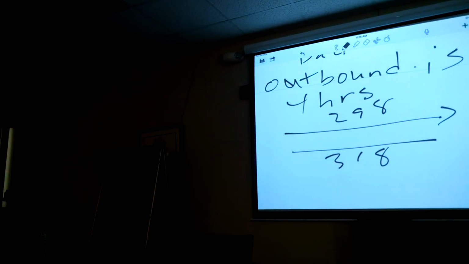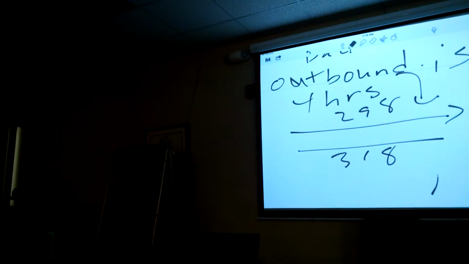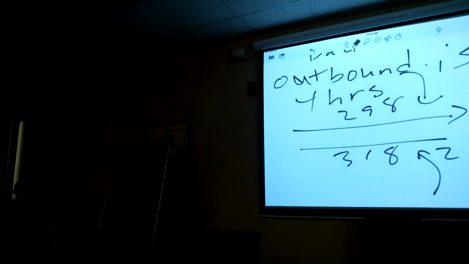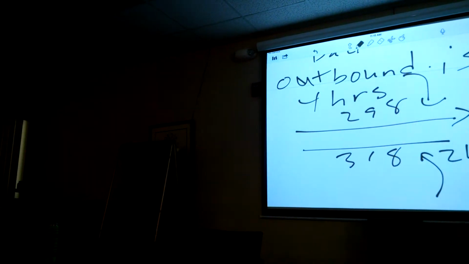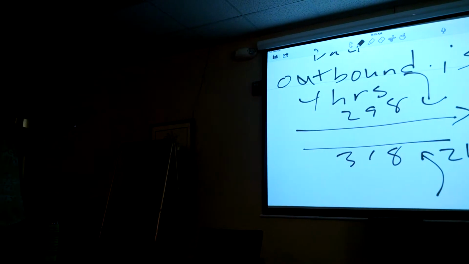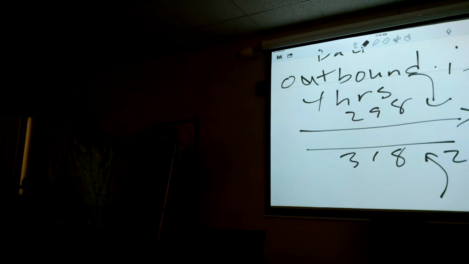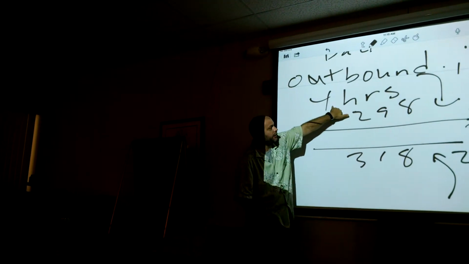I'll draw my picture again. There was this guy going at 298 in this direction, this one going at 318, and I'm saying the outbound was 4 hours, which means how long is the inbound? 2 hours. So let's see, is 4 hours the answer to this question? How would I discover that? This gives me a distance, right?